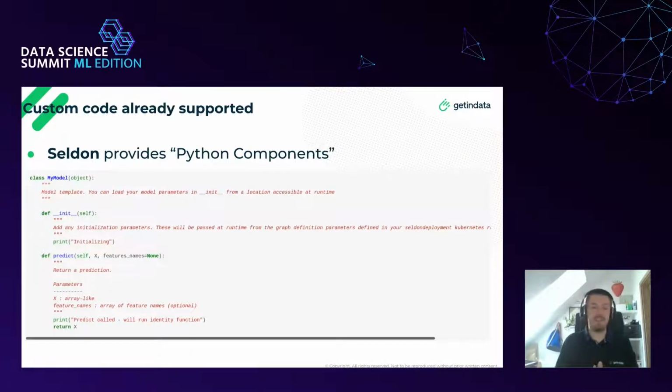Seldon also provides something similar, but they call it Python components. You also create a class with two functions only, one for initialization, second for prediction, and you just deploy this class into a Docker container and you deploy it to the registry, and Seldon starts it and you have your code running in production.